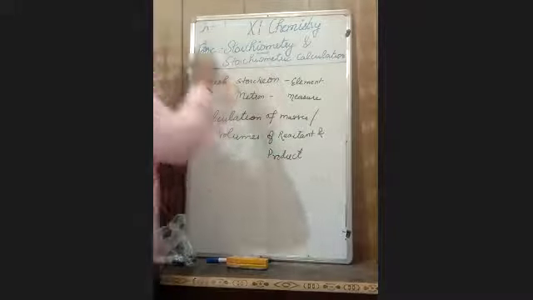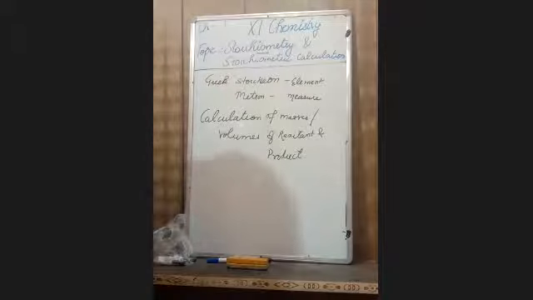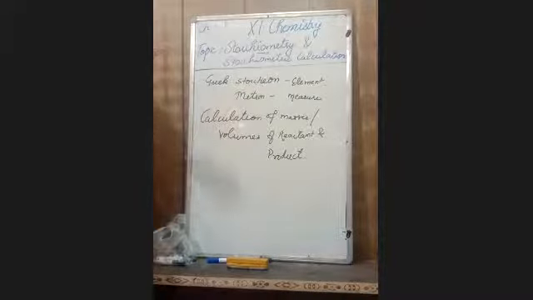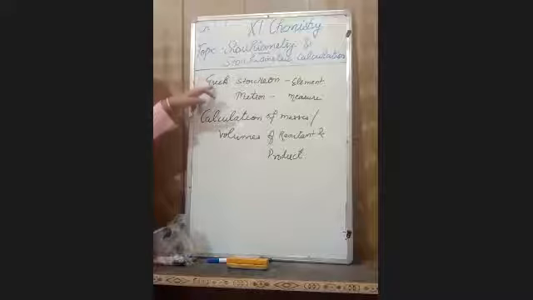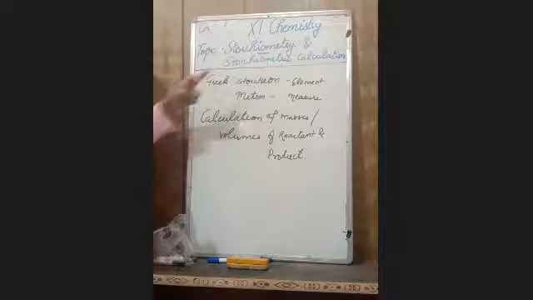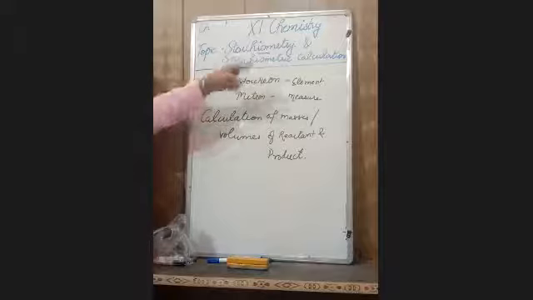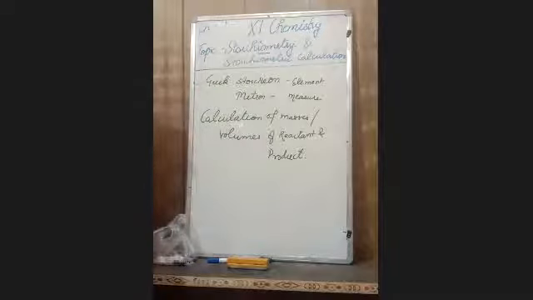Some pronounce it stoichiometry, stoichiometry. Both are correct pronunciations. It is taken from two Greek words. Metron means measure and stoichion means element. So it is that branch which deals with the calculation of masses and volumes of reactants and products.